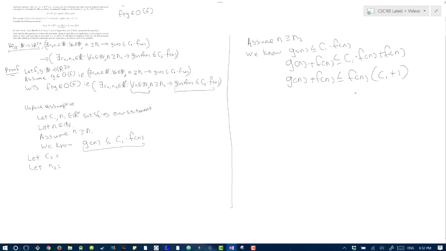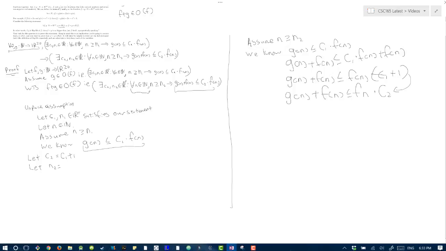Now, notice that if this c1 was instead c2, we would have our proof. It would be very convenient if this were c2. Well, we can choose c2 here, so why don't we do that? We can let c2 be c1 plus 1 because we have access to it.